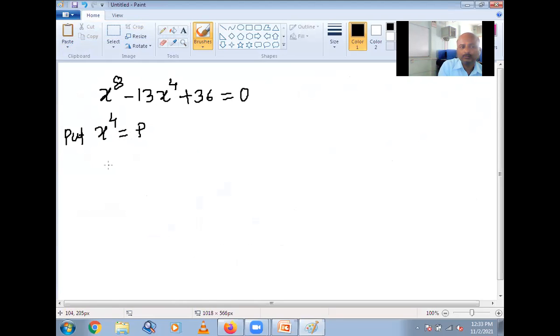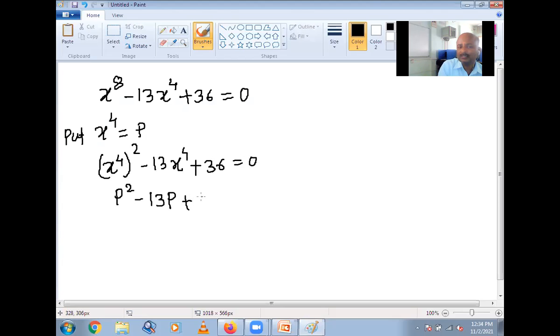Then x raised to 4 bracket square minus 13x raised to 4 plus 36 is equal to 0. So p square minus 13p plus 36. Therefore, after solving this quadratic equation, you will get p is equal to 9 or p is equal to 4.